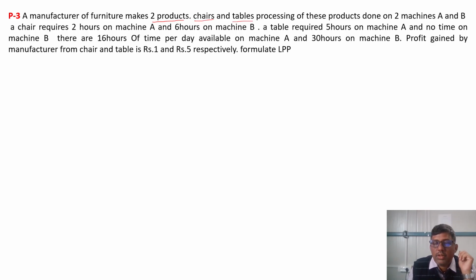Processing of these two products is done on two machines A and B. A chair requires 2 hours on machine A and 6 hours on machine B. And a table requires 5 hours on machine A and no time on machine B. There are 16 hours of time per day available on machine A and 30 hours are available on machine B. The profit gained by the manufacturer from the chair and the table is rupees 1 and rupees 5 respectively.